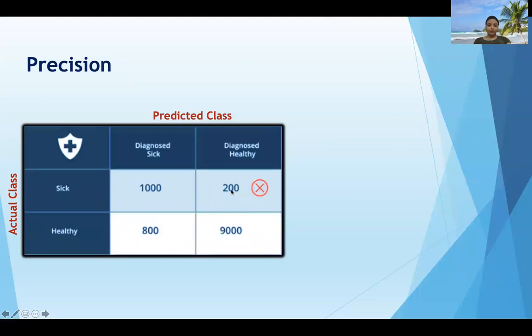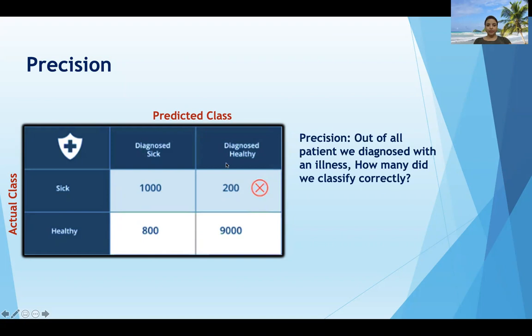Precision can be defined as: out of all the patients predicted to be positive, how many are actually positive. In other words, out of all patients we diagnosed with an illness, how many did we classify correctly? Precision is this column, because this column is the sick patients that we predicted or diagnosed as sick.